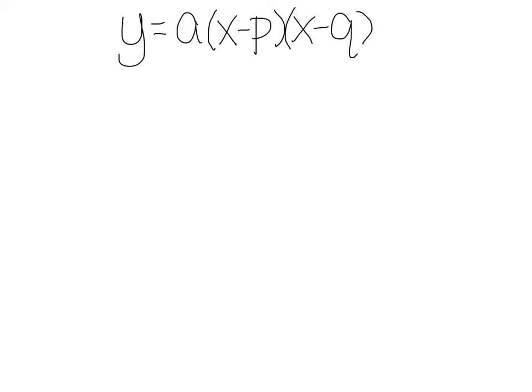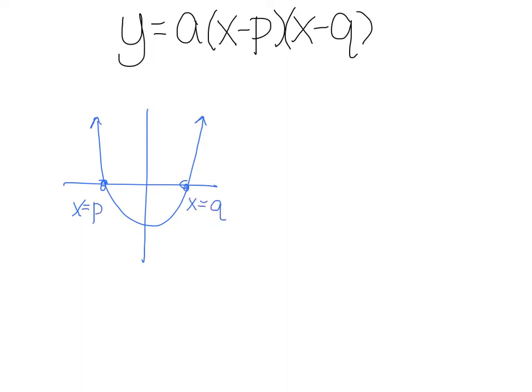So one of the things that we see is, let's say we have this graph and we have our x-intercepts. This is x equals p and this is x equals q.